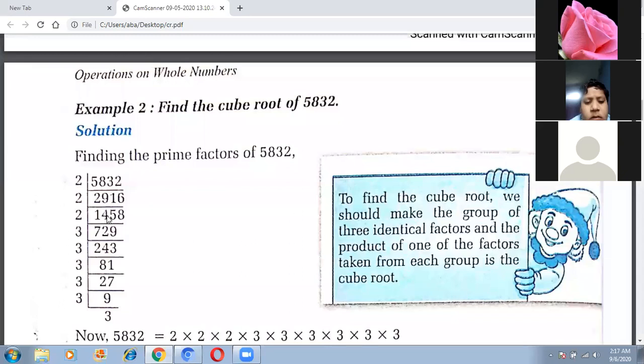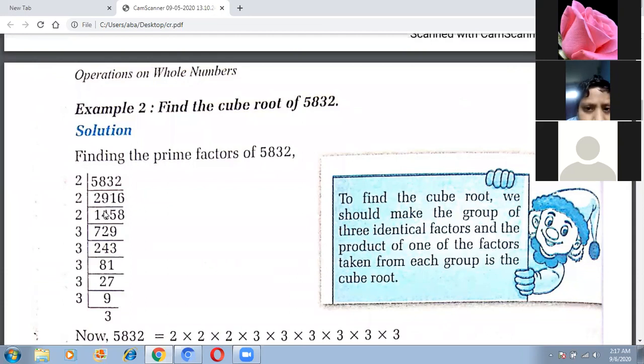Again, 1458 is also divisible by 2. 2 into 729, 1458. Now, 729 is not divisible by 2. It is an odd number. An odd number is not divisible by 2.